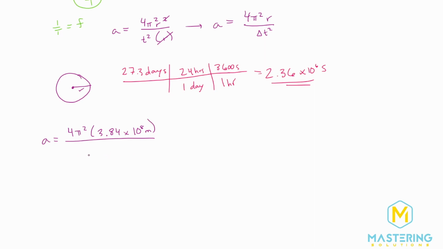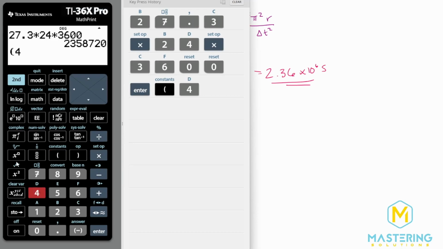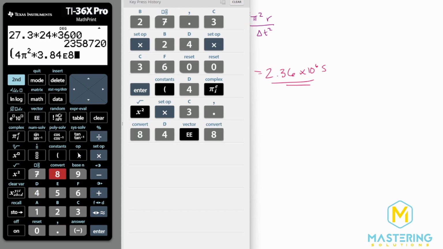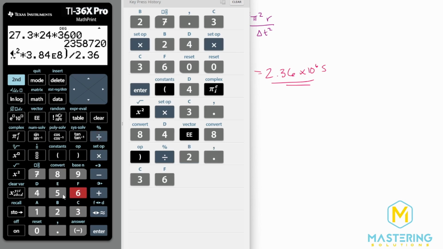That'll all be divided by the time, which is 2.36 times 10 to the 6 seconds, and that will be squared.